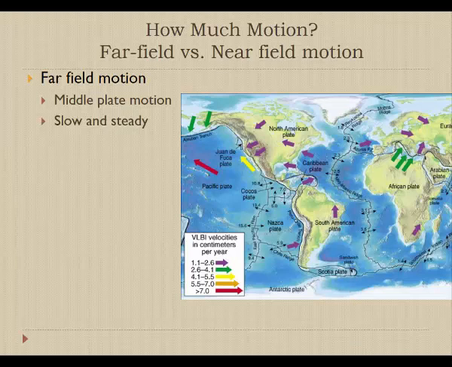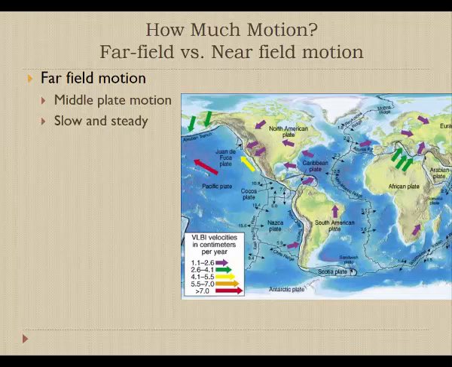It's very consistent over time. So if we think about average plate motion of a certain plate being 2 centimeters a year or 3 centimeters a year or faster for certain plates, and we went out to the middle of the plate and located a GPS sensor on the plate, we would actually find that each year and throughout the year, the slow and steady motion is actually really quite consistent.